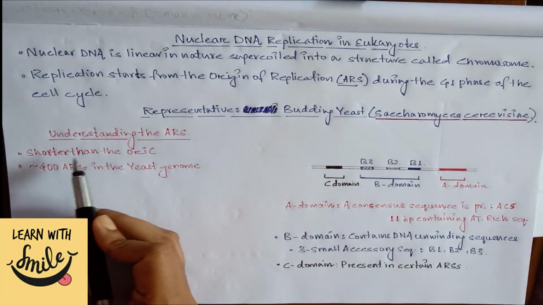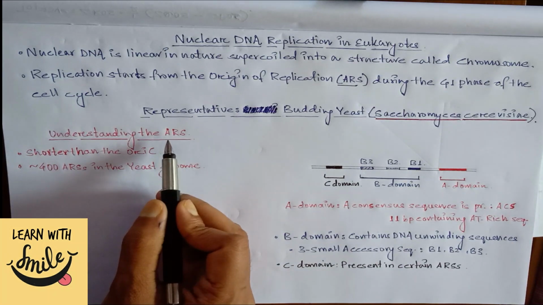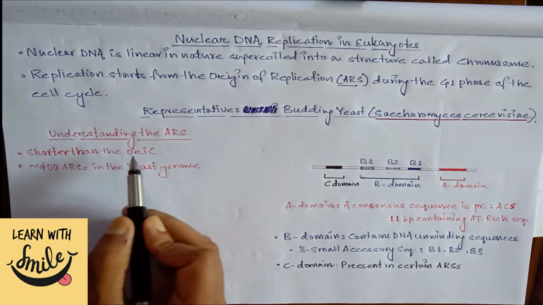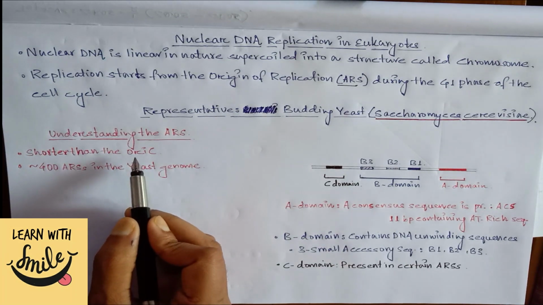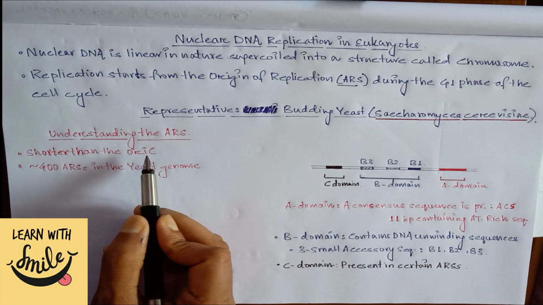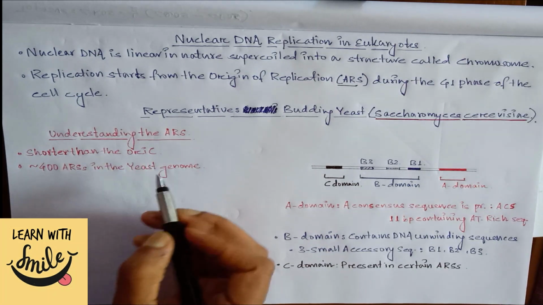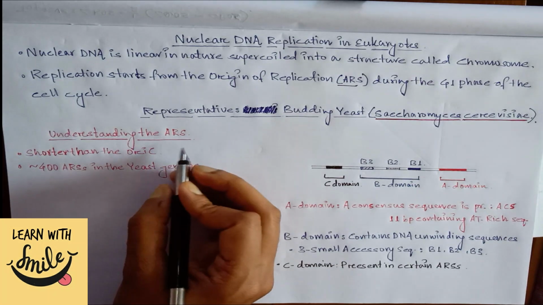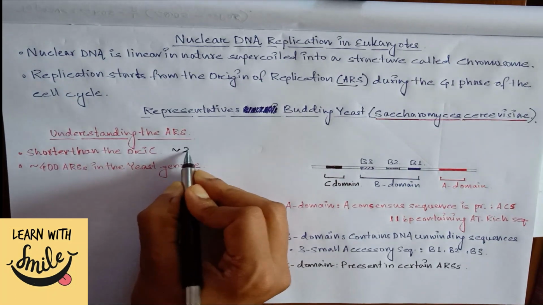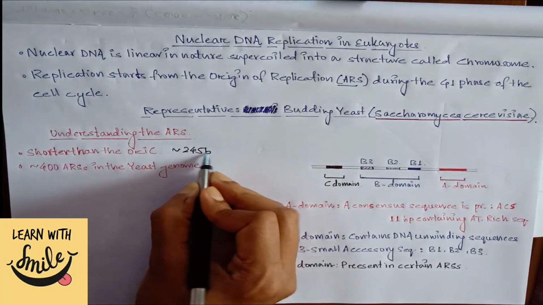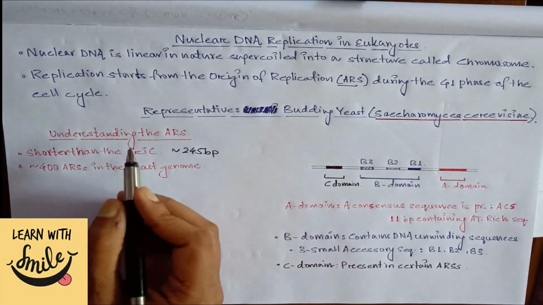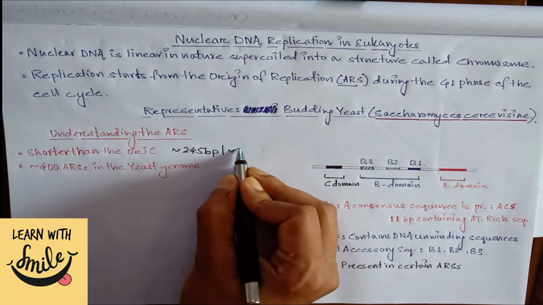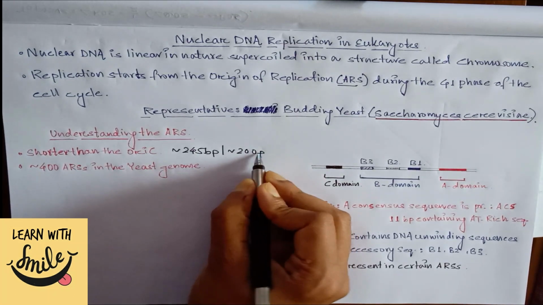First point, the eukaryotic origin of replication known as the ARS is shorter than the prokaryotic origin of replication, that is ori C. If you ask me how much, then I would say that if the prokaryotic ori C is approximately 245 base pairs, then the eukaryotic ARS will be approximately 200 base pairs.